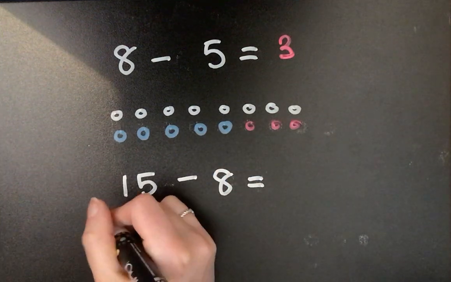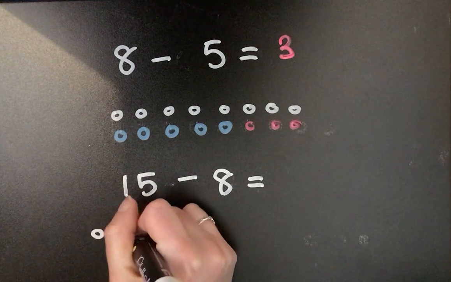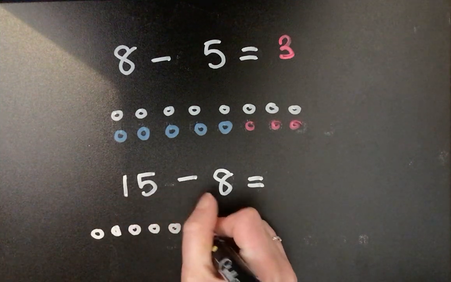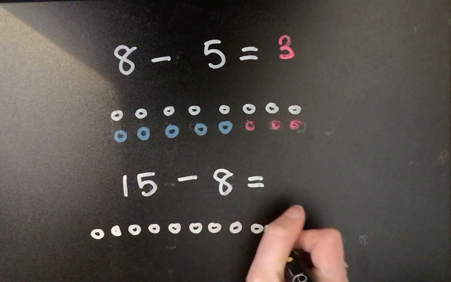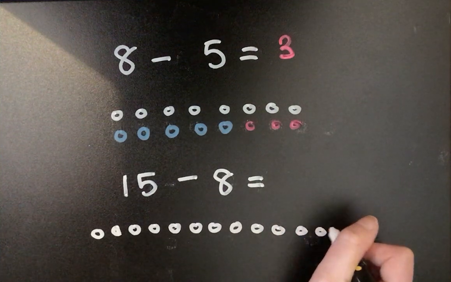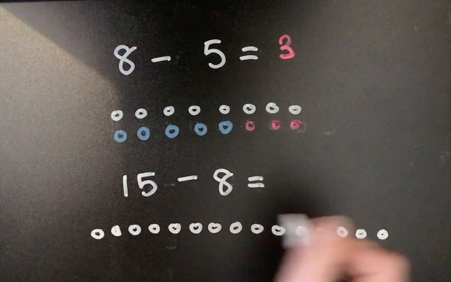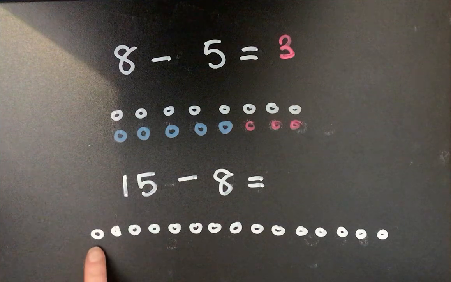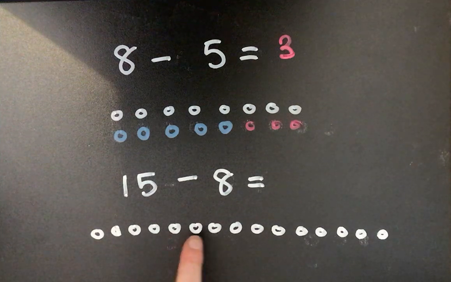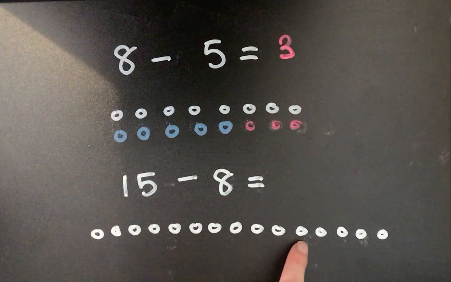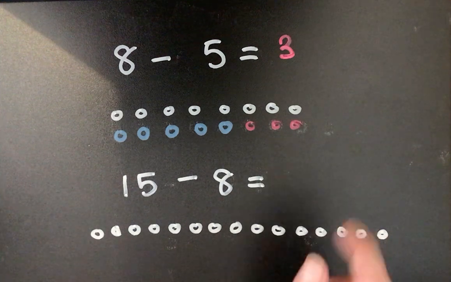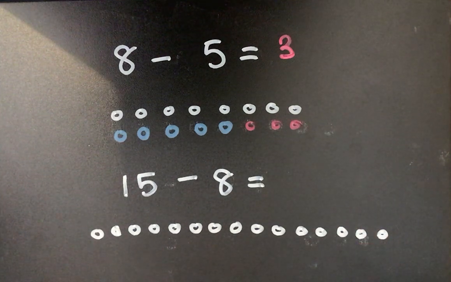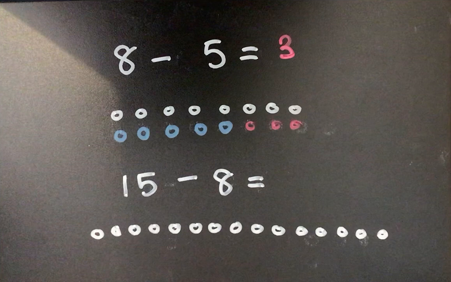So this time I'm going to have to draw 15 dots. 1, 2, 3, 4. So I've drawn my dots. Let me just check. 1, 2, 3, 4, 5, 6, 7, 8, 9, 10, 11, 12, 13, 14, 15. 15 dots. Now I'm going to draw my 8 dots.